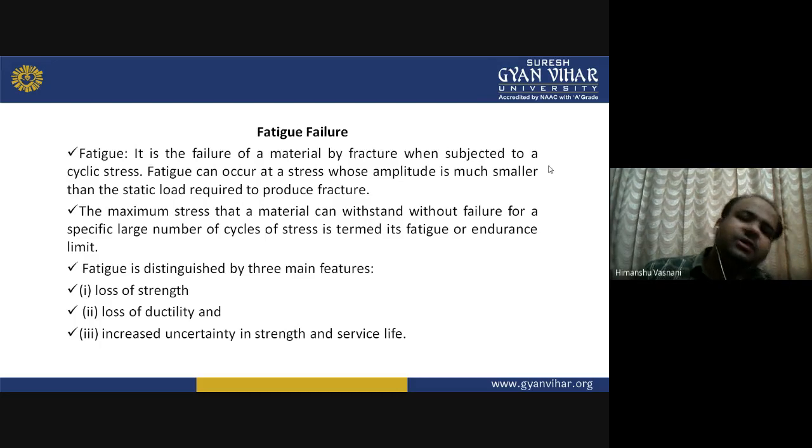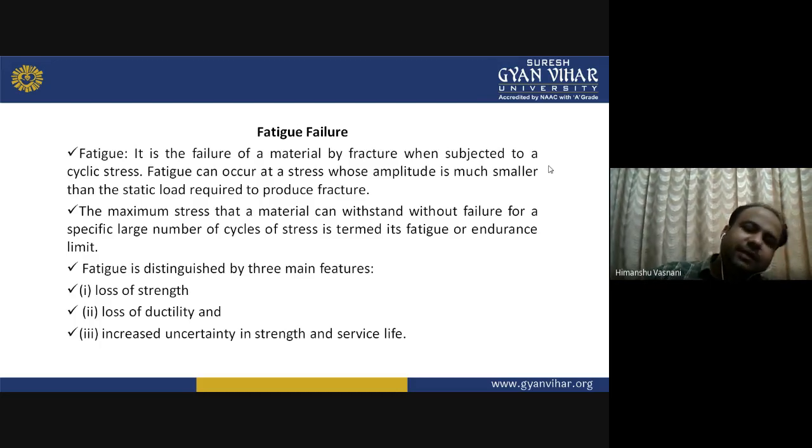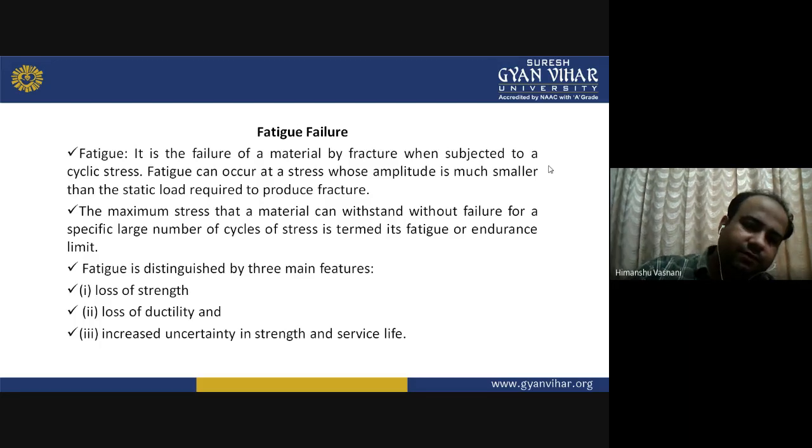Fatigue is distinguished by three main features. First is the loss of strength, second is the loss of ductility, and third is increased uncertainty in strength and service life. So we need to understand the limit.